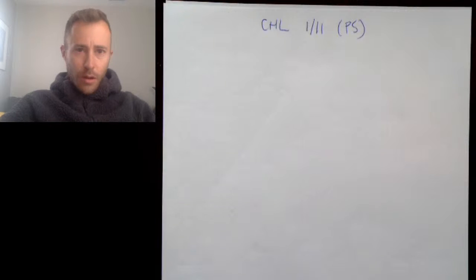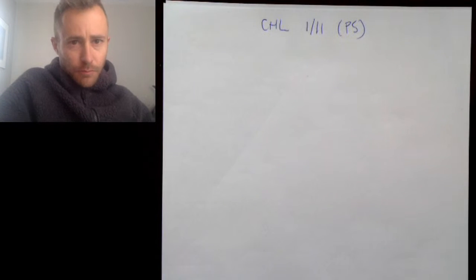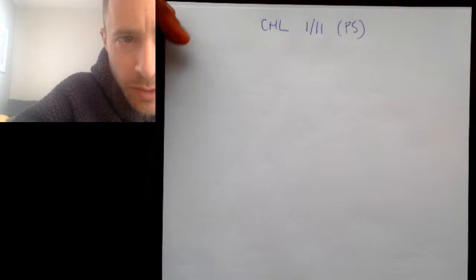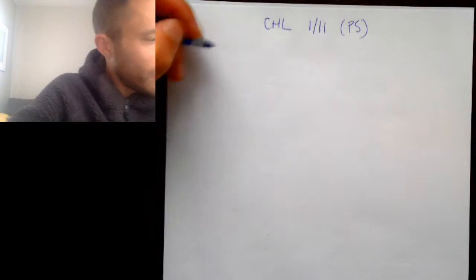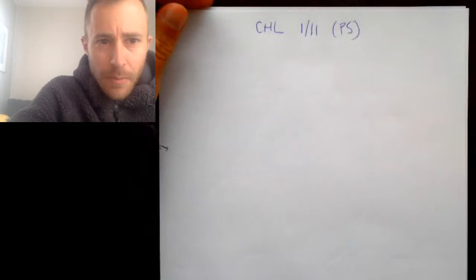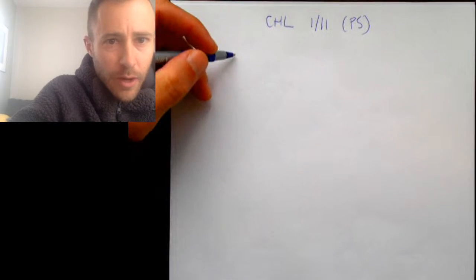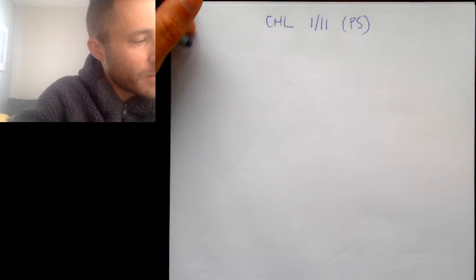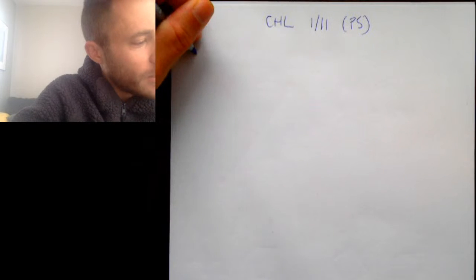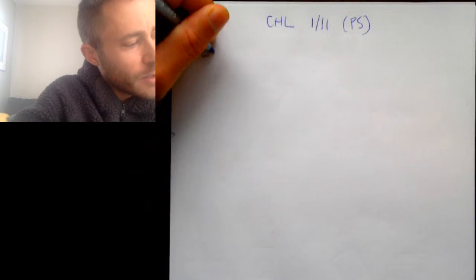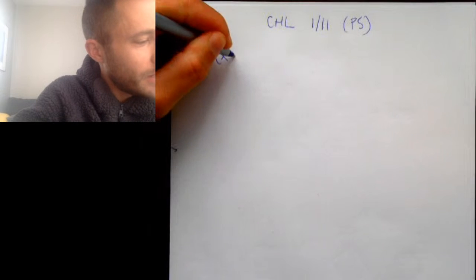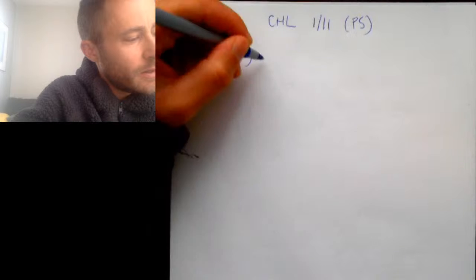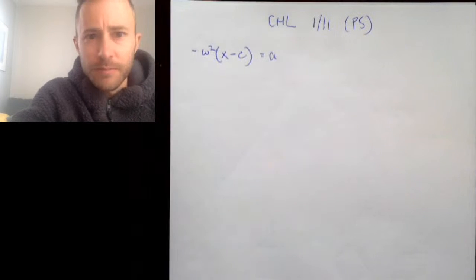So, what have we learned about simple harmonic motion so far? We have learned that the equation of simple harmonic motion is minus omega squared times the quantity x minus c equals the acceleration.